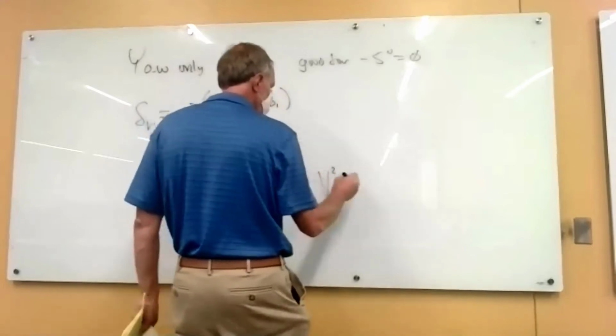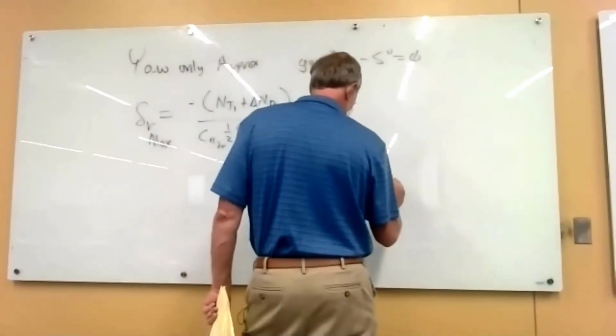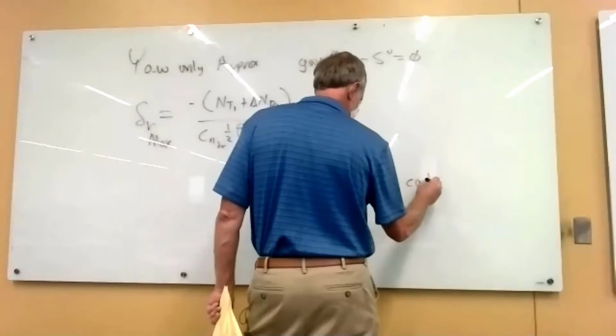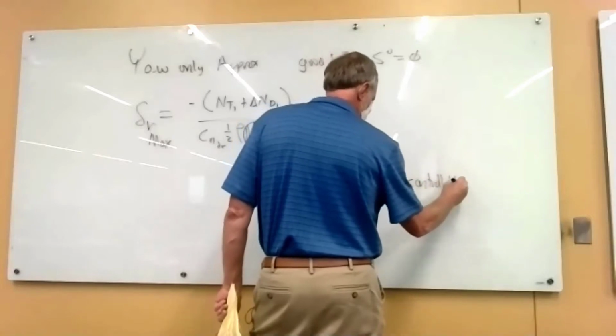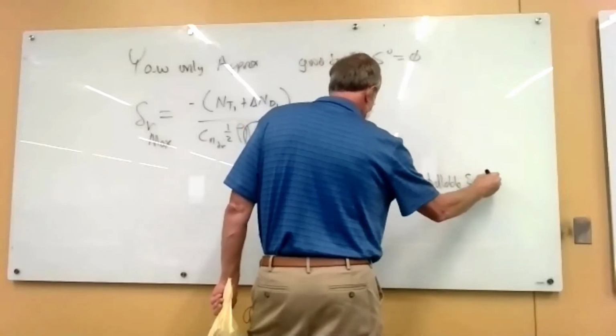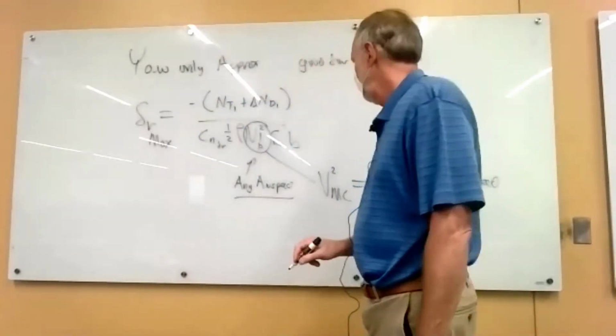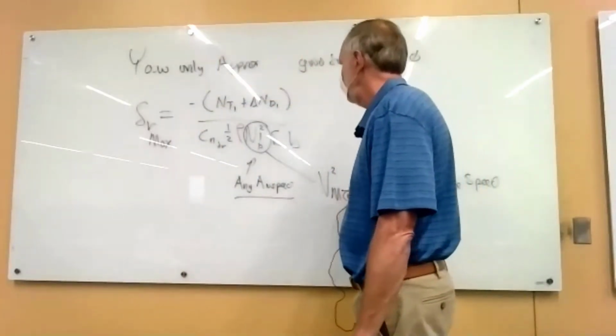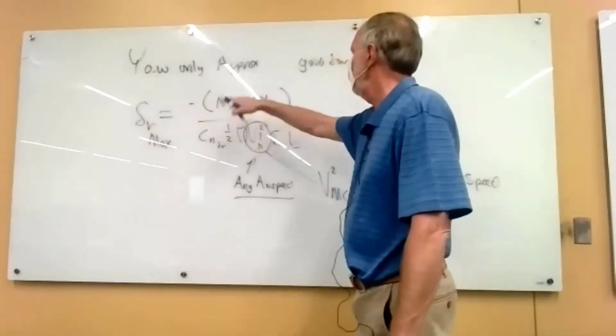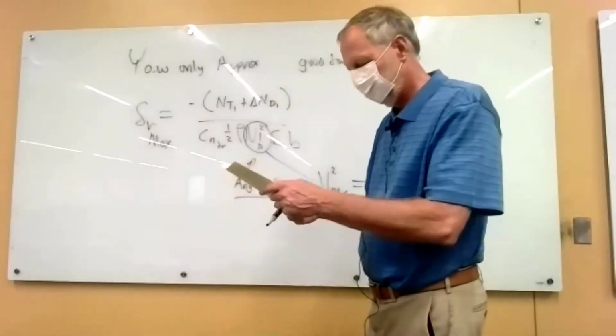It's squared in the formula. And so you can calculate it directly from this formula. You simply solve for VMC. It's going to be the square root of the delta R max times all the other stuff.